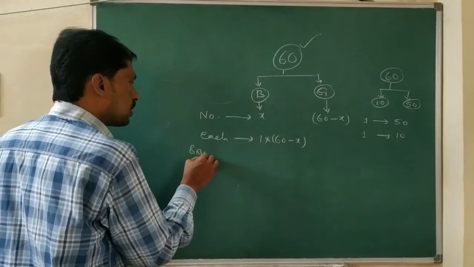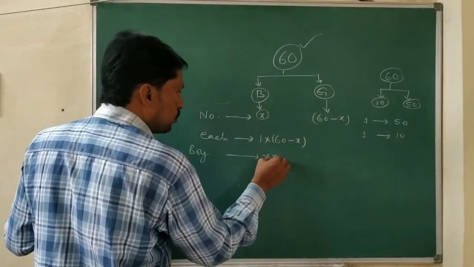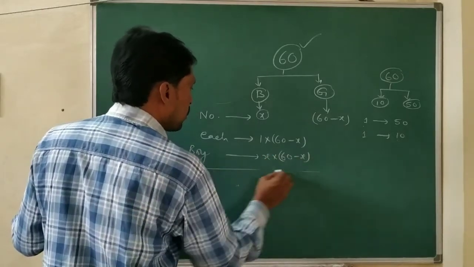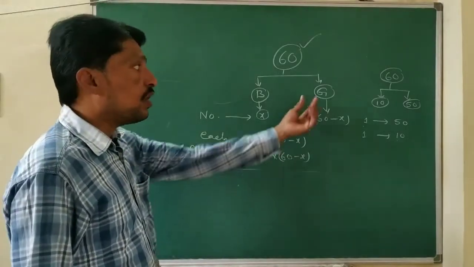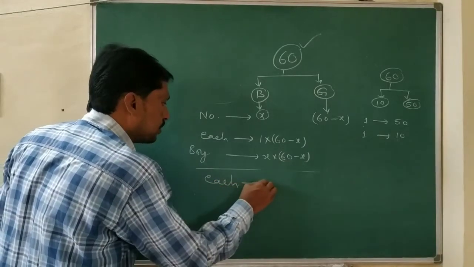Total boys, how much are they contributing? Total boys are x, so the boys' amount is x into 60 minus x. Now each girl, how much is she contributing?